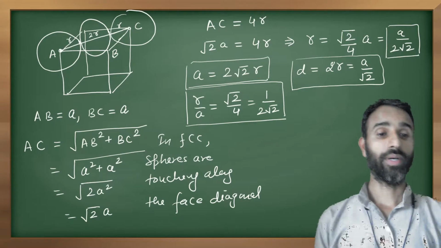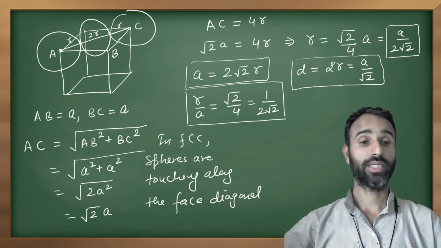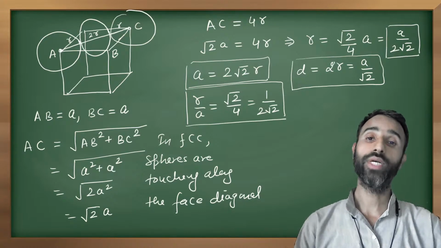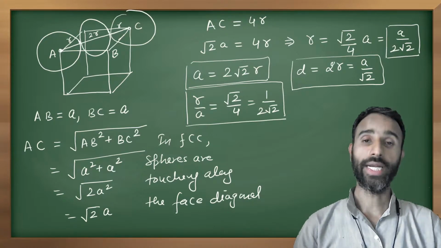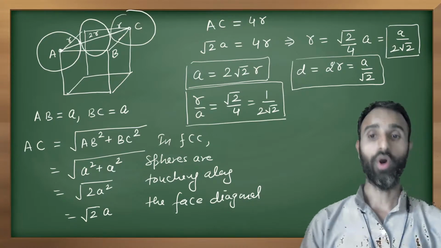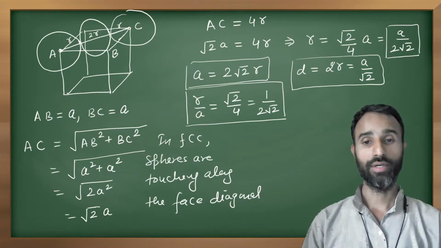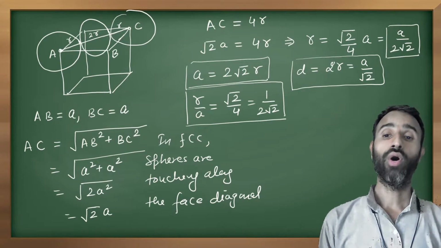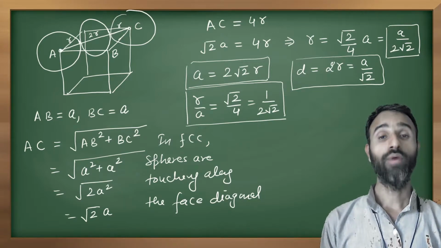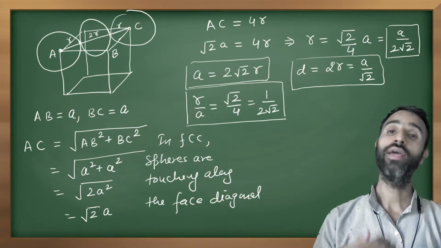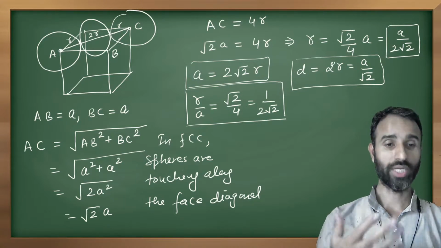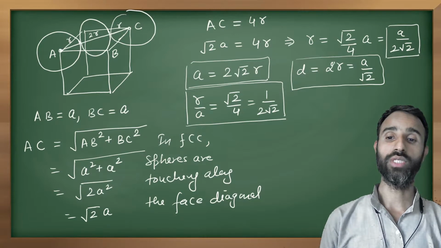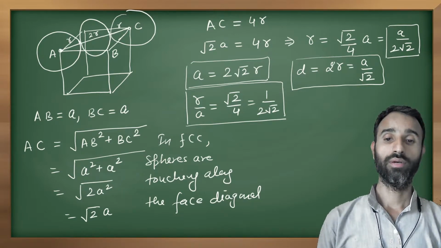But the question is, in BCC or FCC, we have to know the number of particles per unit cell or its packing efficiency, that we should know, or at the same time we know how many atoms per unit cell are there, what is the relation between R and A. That is what is expected to find out whether this is BCC or FCC.